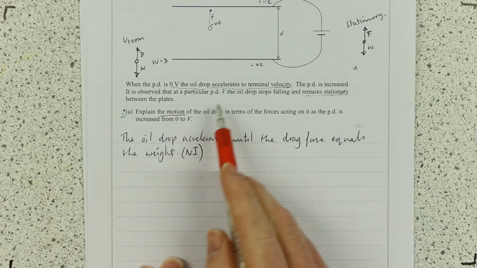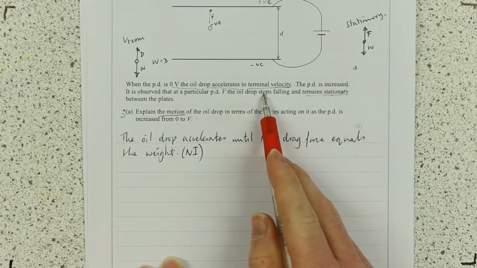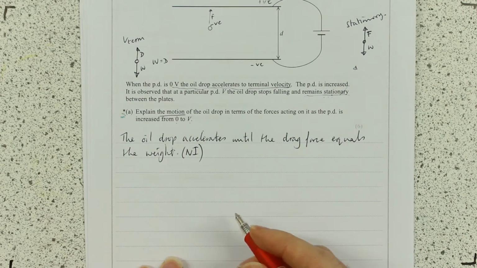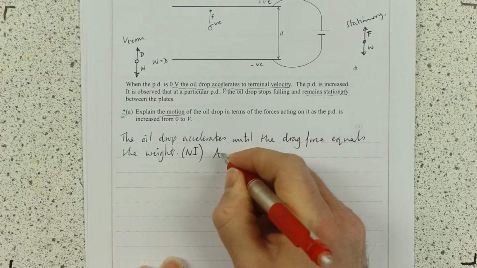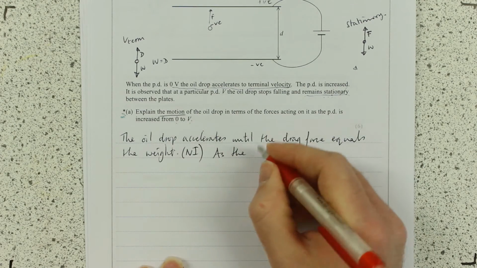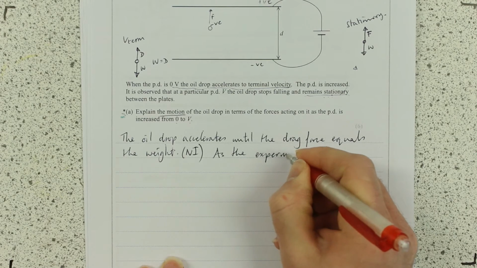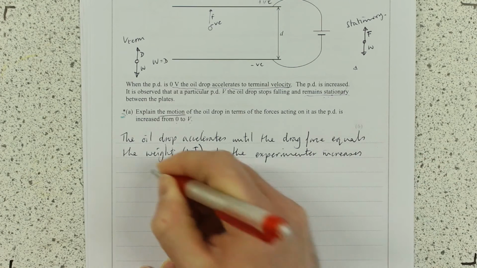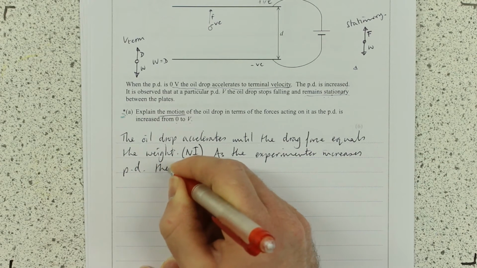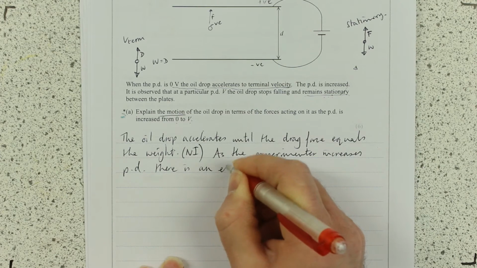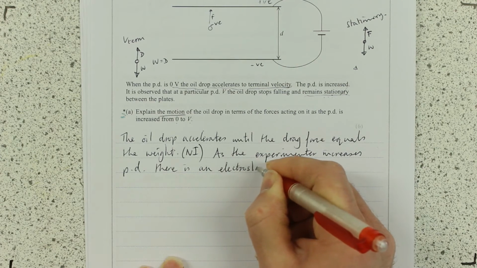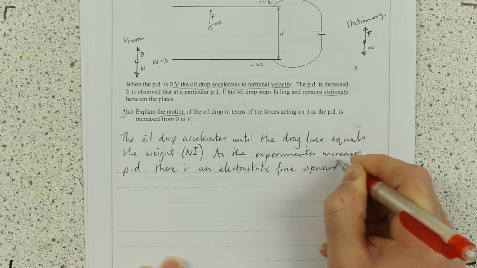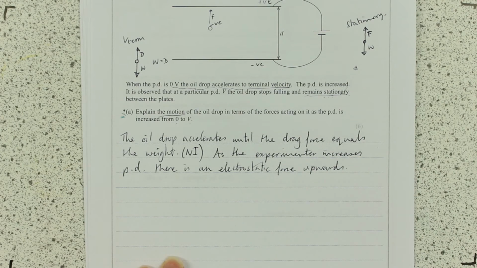What happens next? Well, next they increase the PD. So as they increase the PD, then there's going to be an electrostatic force upwards. So what's going to happen there?